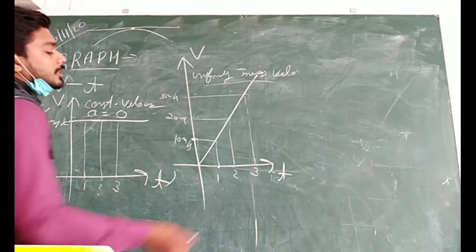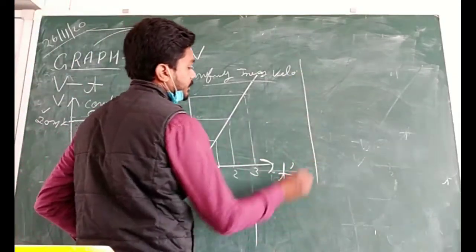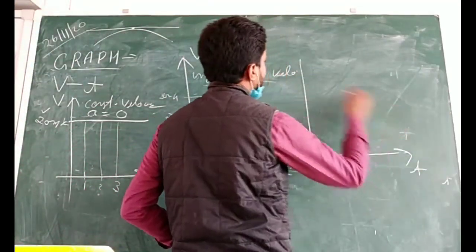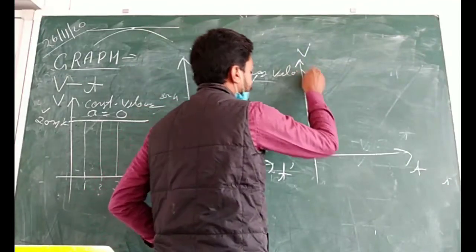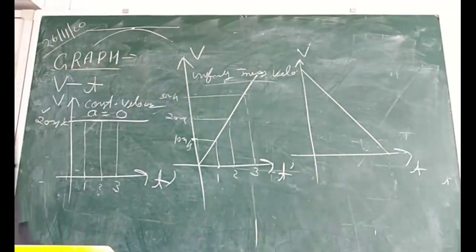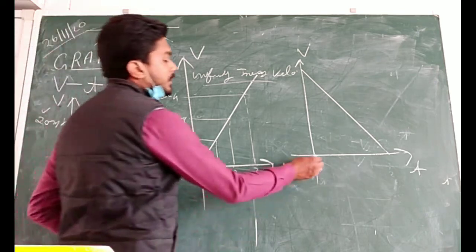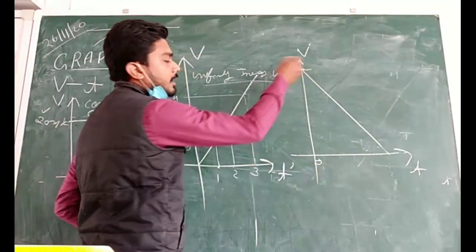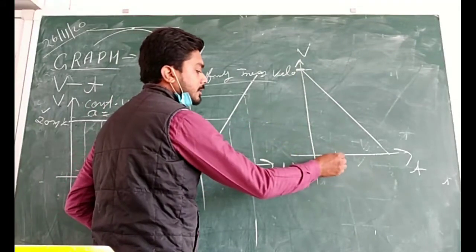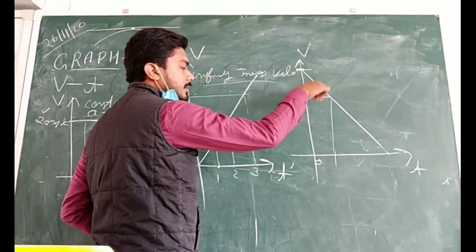Okay. Now the next graph. This is the time. This is the velocity. And the next graph is like this. Which type of motion is going on in this graph? Velocity is going down. Retardation is there, because you can see when the time is 0 second, the body has some velocity. And when the time is increasing, the velocity has decreased.